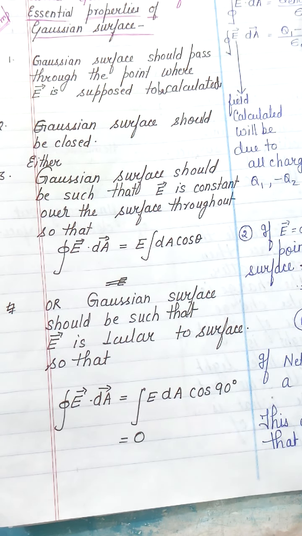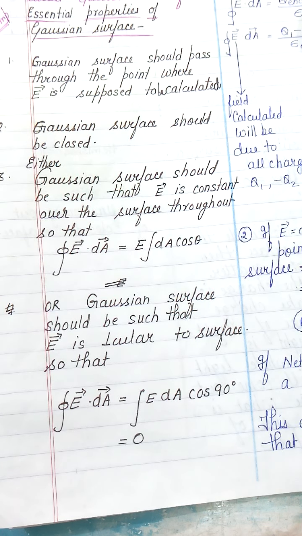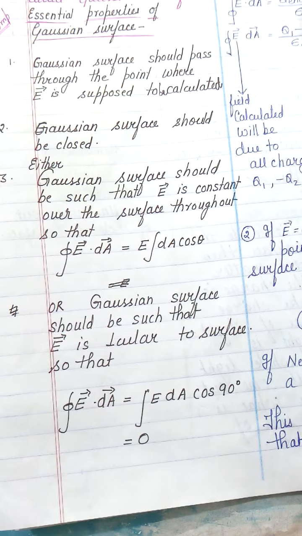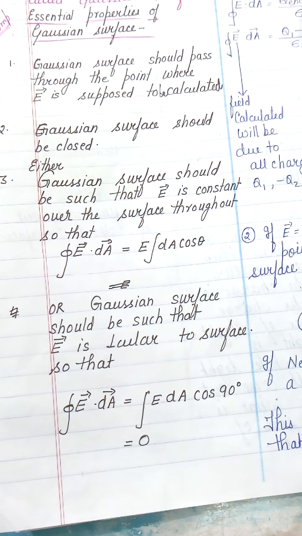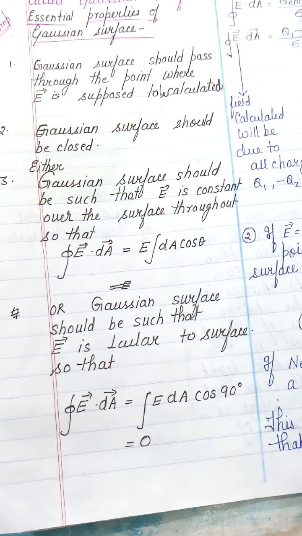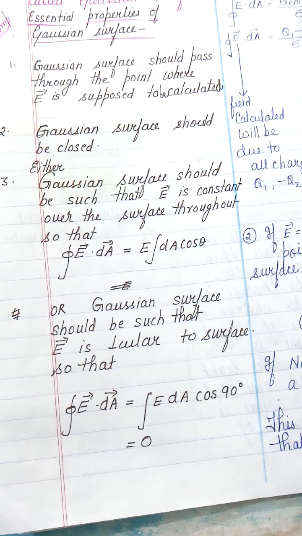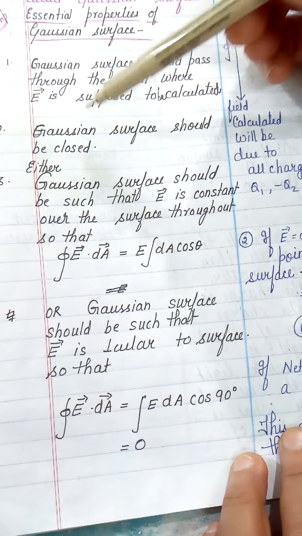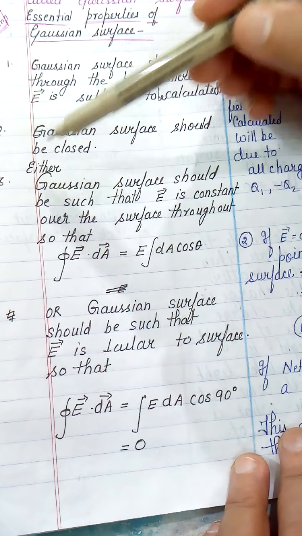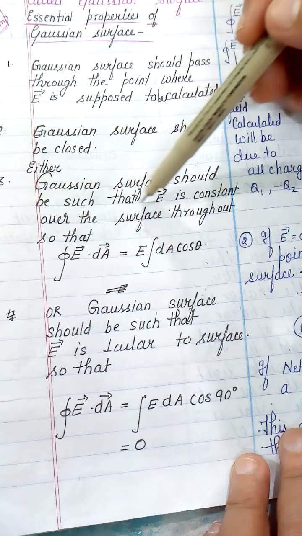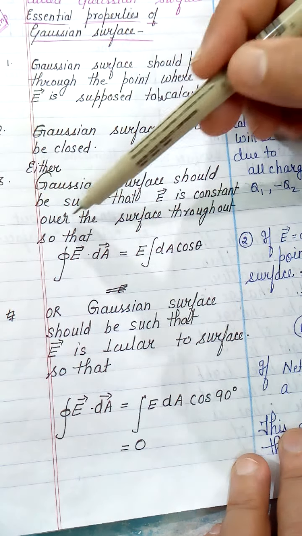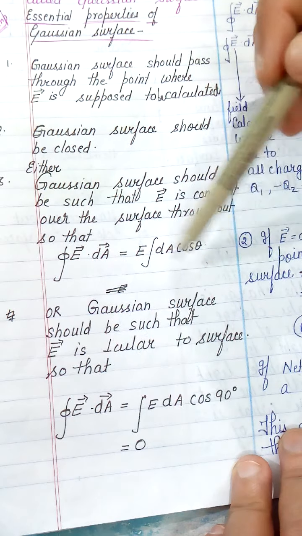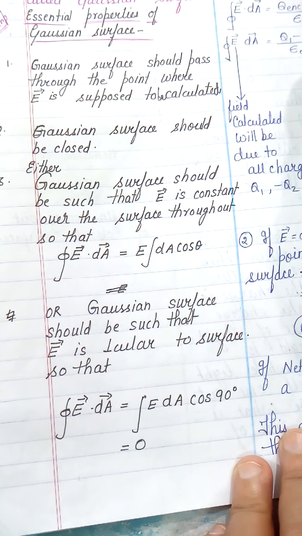That means, what surface are we talking about in the law? We are talking about Gaussian surface. And what is Gaussian surface? Gaussian surface is a closed surface which passes through that point at which we are supposed to calculate electric field. And this Gaussian surface is always taken such that either electric field is constant over the surface or electric field is perpendicular to the surface.